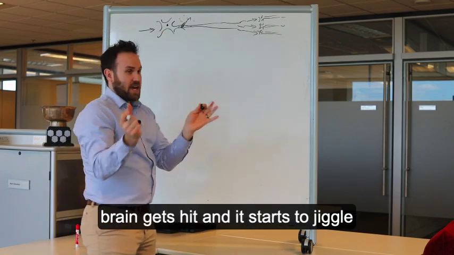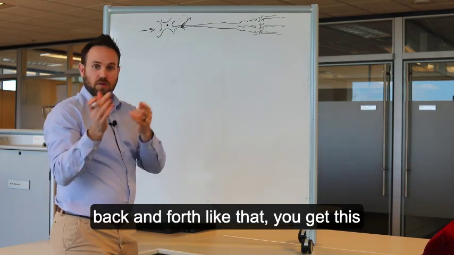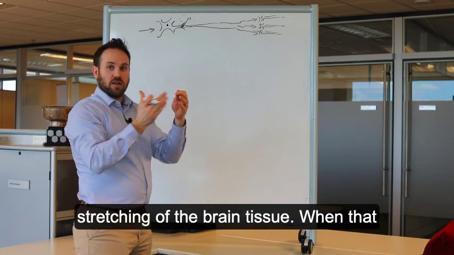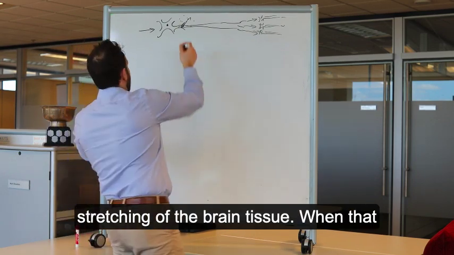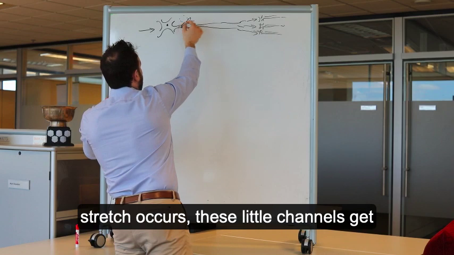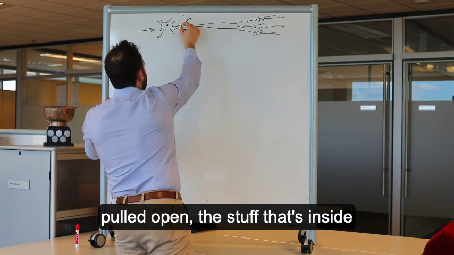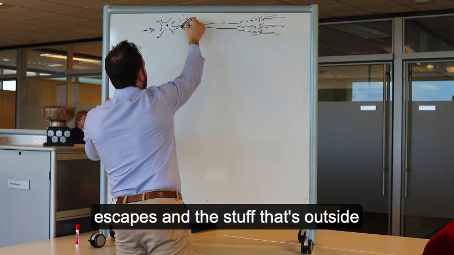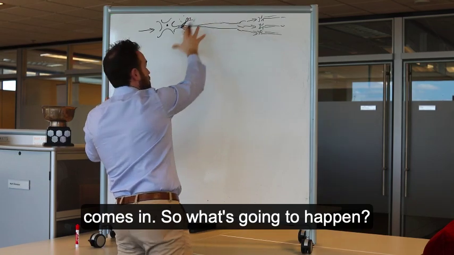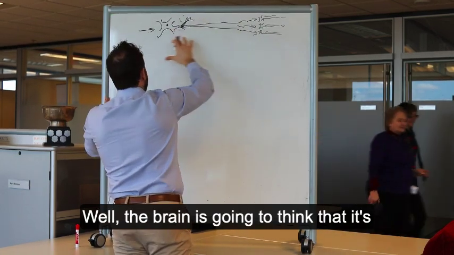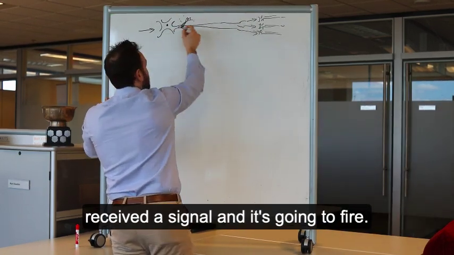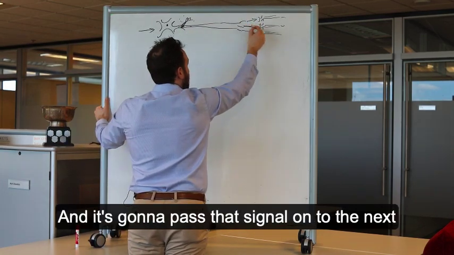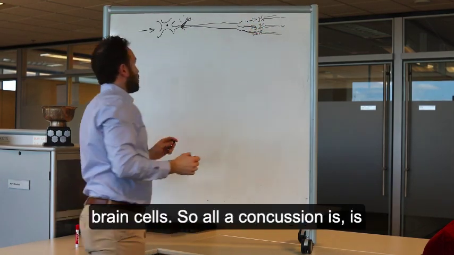So when the brain gets hit and it starts to jiggle back and forth like that, you get this stretching of the brain tissue. When that stretch occurs, these little channels get pulled open, the stuff that's inside escapes and the stuff that's outside comes in. So what's going to happen? Well, the brain's going to think that it's received a signal, and it's going to fire, and it's going to pass that signal to the next brain cells.